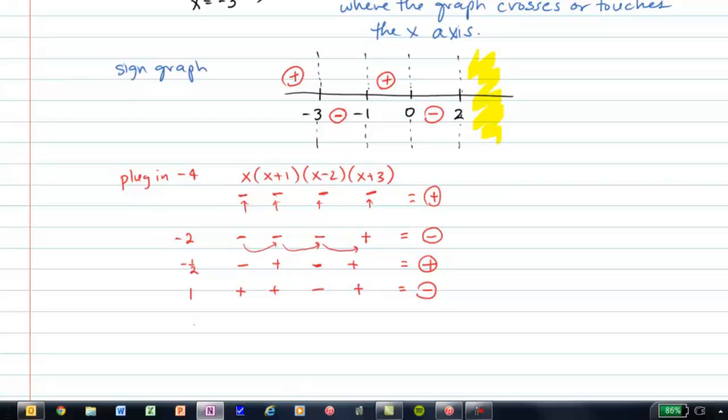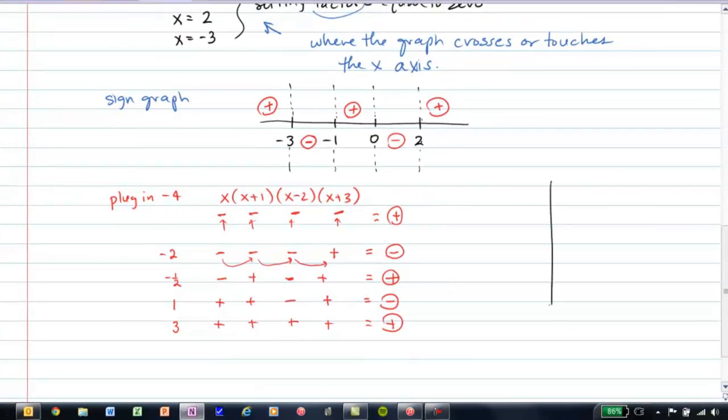And if we choose, say, 3, for the first term, it's positive, second term, positive, third term, positive, fourth term, positive. So everything is positive, so we are positive. So you have to do that in order to figure out what your graph looks like. Now, if you've done your sign graph correctly, you should be getting an idea of what this curve is going to look like. Okay? And now we can actually just sketch it.